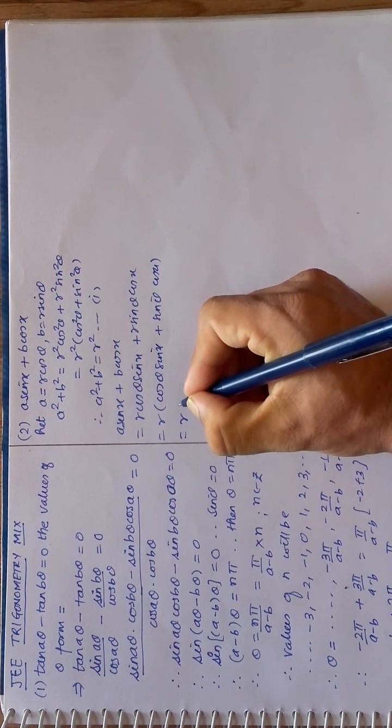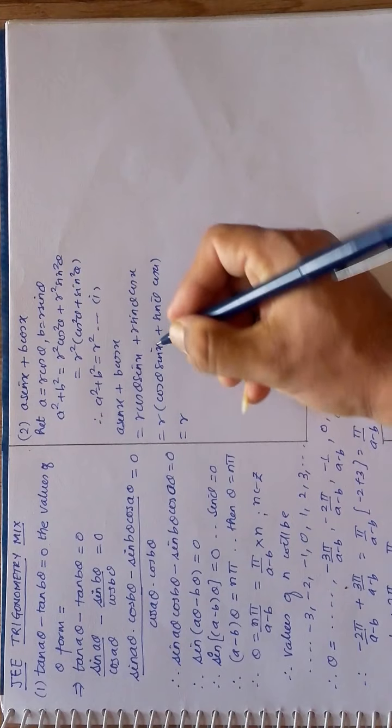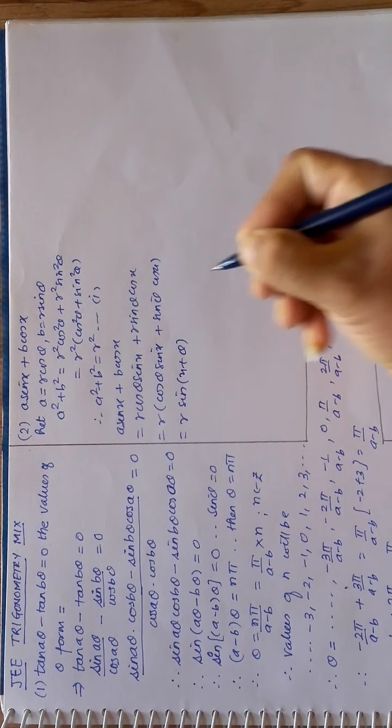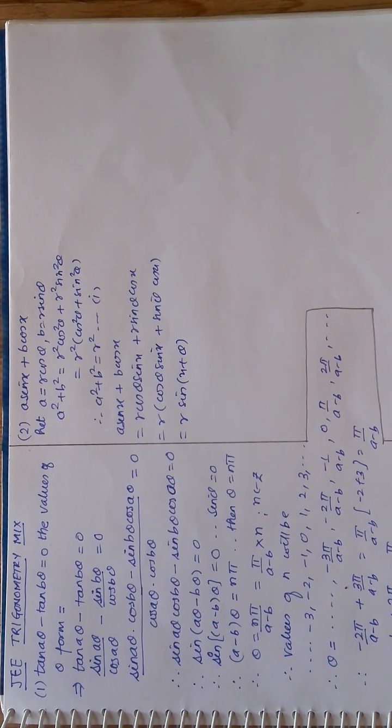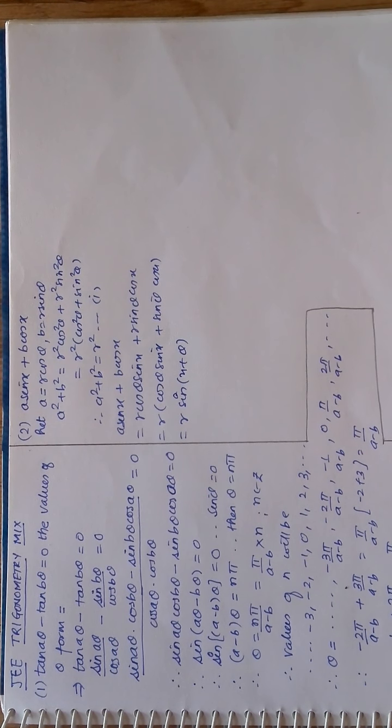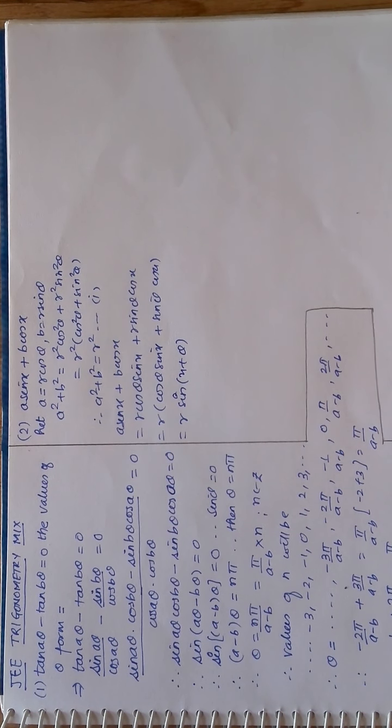So it is r into sin A cos B plus cos A sin B formula, that is sin of x plus theta. Agreed? So I got the expression in terms of sine, that is r sin of x plus theta.